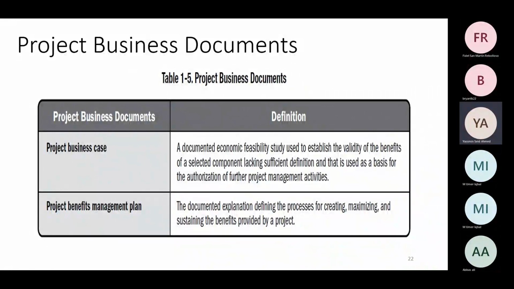Some of these documents are tailored so as to align with the program business case, and that's where the project manager comes into the picture, in order to establish that overall alignment to the business case, because the business case and benefit management plan is the most important document.